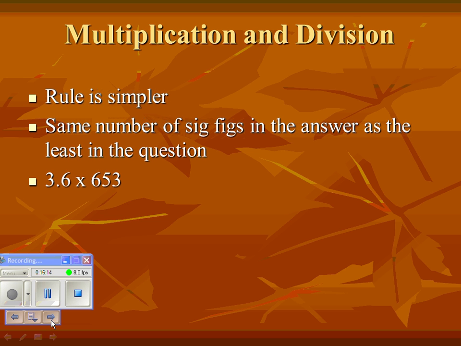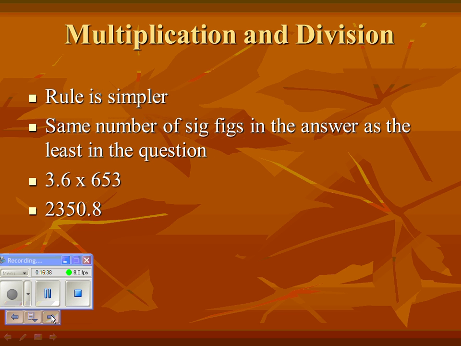So here I have 3.6 times 653. 3.6 has 2 significant figures. 653 has 3 significant figures. I go with the number that has the fewest, 3.6, 2 significant digits. That's how many I'm going to give my answer. I'm only going to give it 2 significant figures.